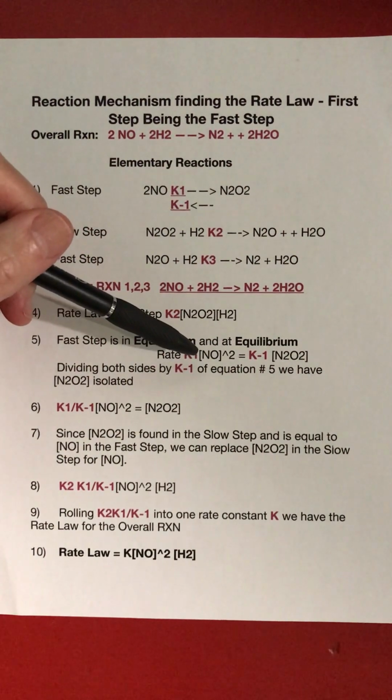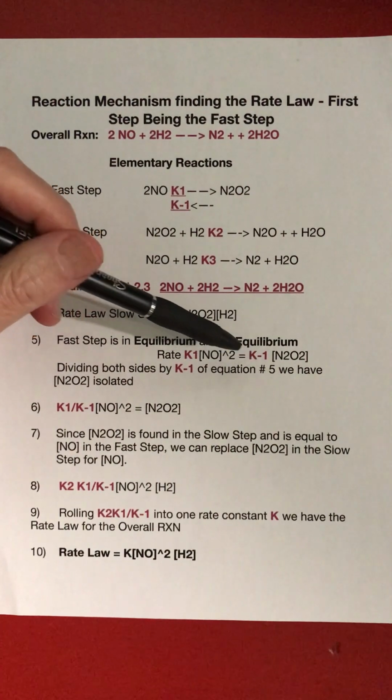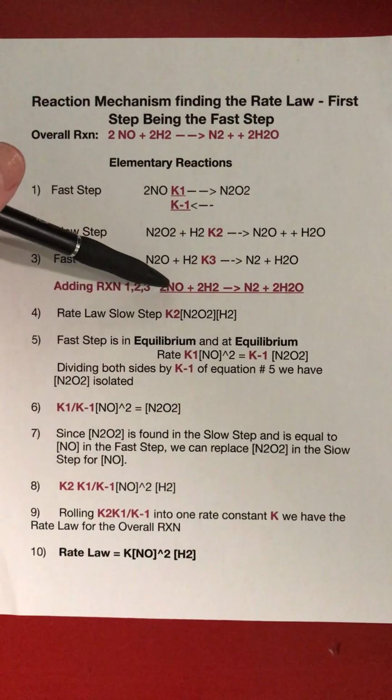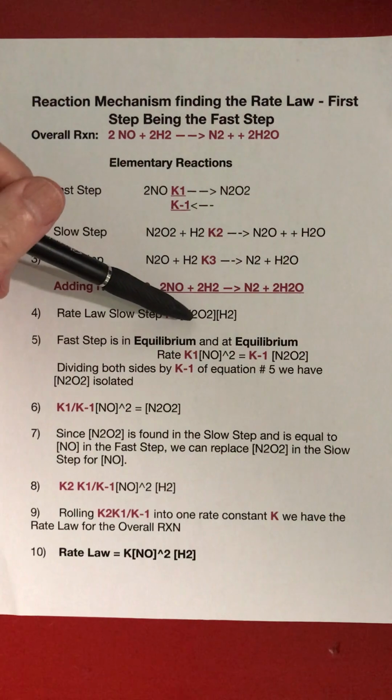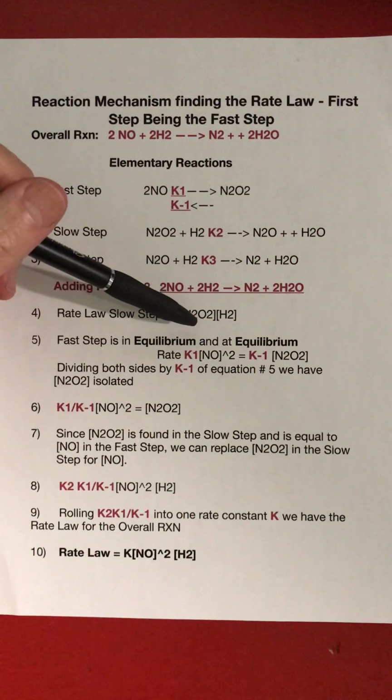And then being equal, that means that N2O2 is equal to NO. And we want to get NO here, found in the overall reaction, into the slow step here. And we see that N2O2 is found in the slow step.